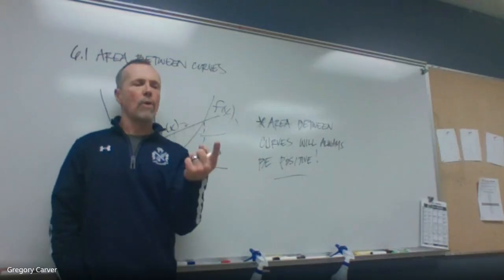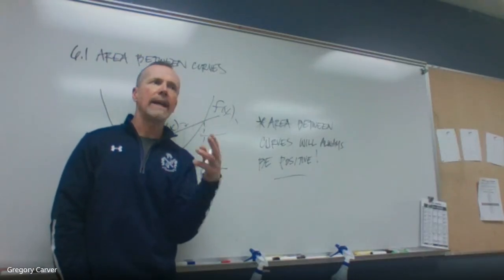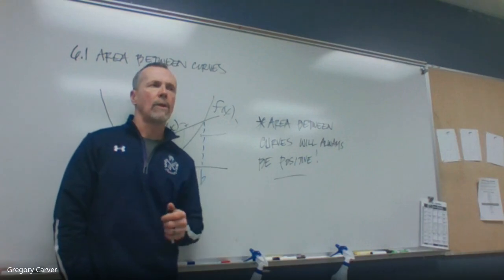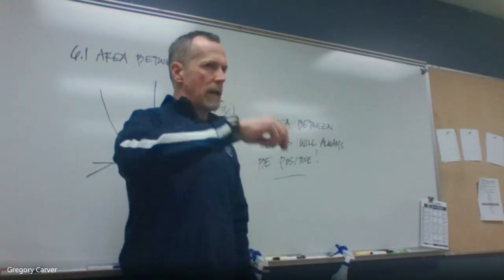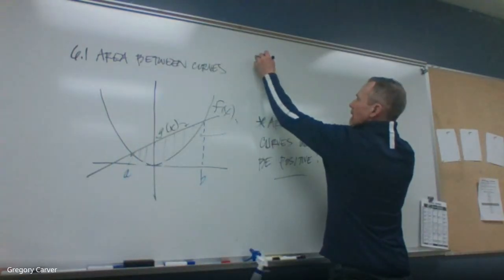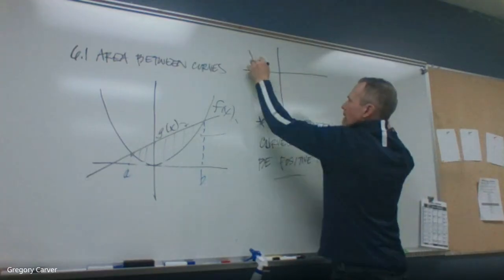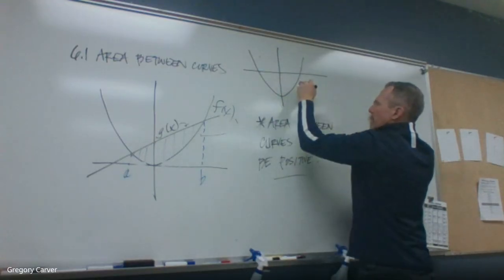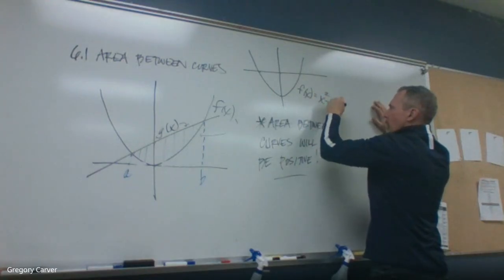Now, in chapter 4 and chapter 5, there were times, wasn't there, when you would integrate and find area and you would get a negative number. Abby, what was happening there? It was under the x-axis, right? So let me just show you how it's going to be different in chapter 6 than it was back then, okay? So let's do something like this. Let's do this curve right here. So let's do f of x is equal to x squared minus 4.